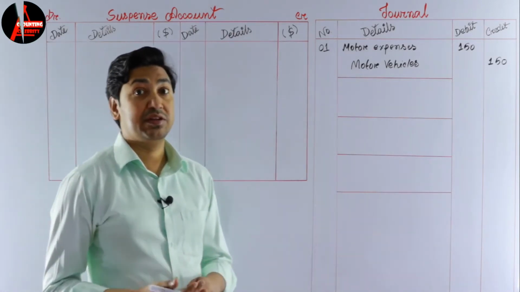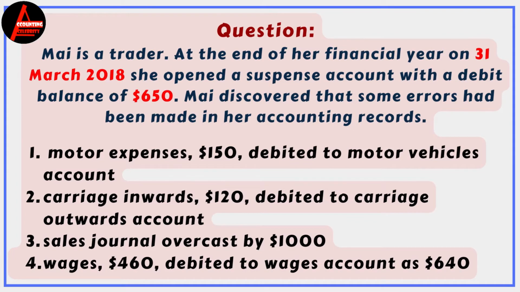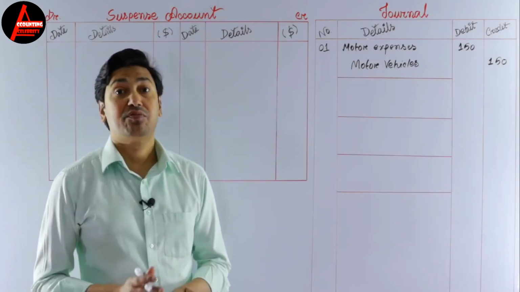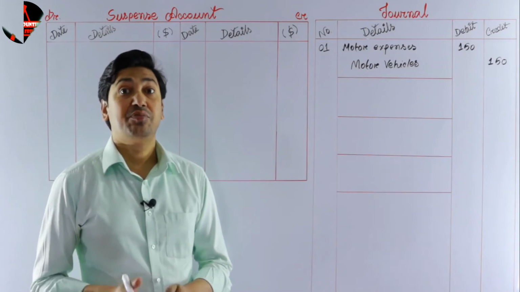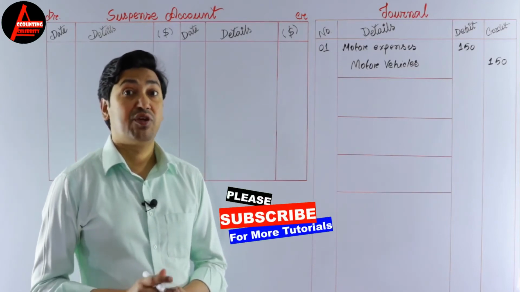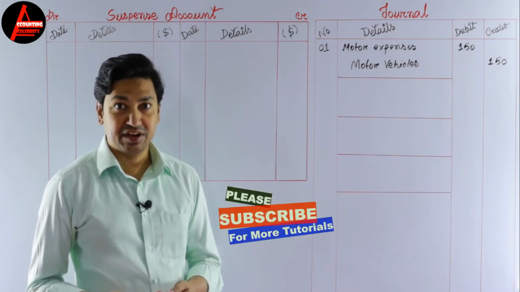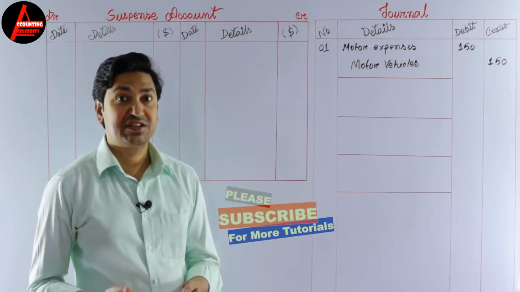Number 2, what is written there? Carriage inwards $120 debited to the carriage outwards account. Simple. It is carriage inwards, but it's written as carriage outwards. Both of them are expenses. So mistakenly carriage outwards was debited. To rectify, now it will be credited. So what will be debited here? Carriage inwards.